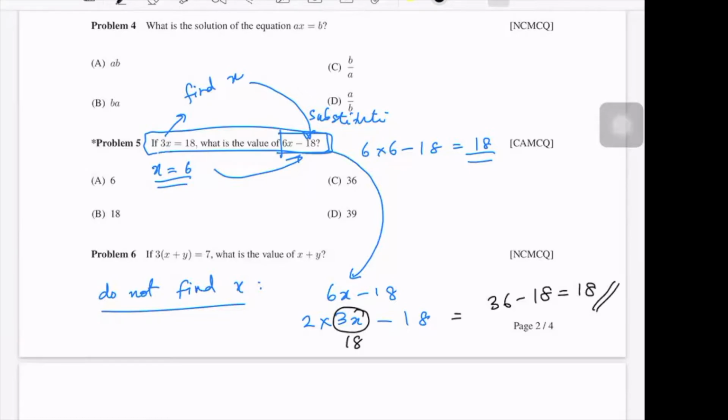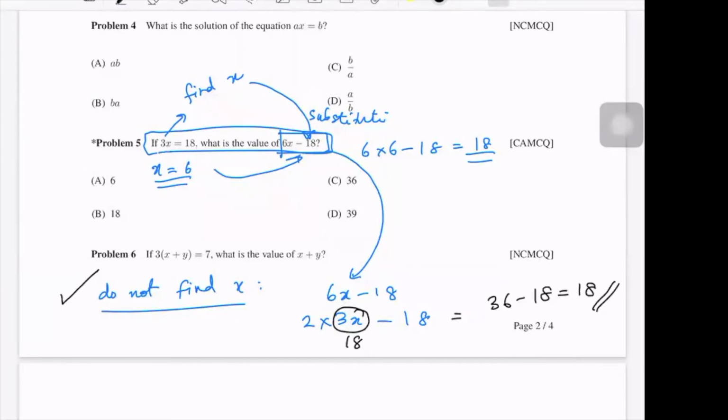See, in this specific question, there is not much difference in both methods because it's a very simple question after all. But in some questions, this method, without actually finding x and evaluating the required expression, you will be able to do much quicker.